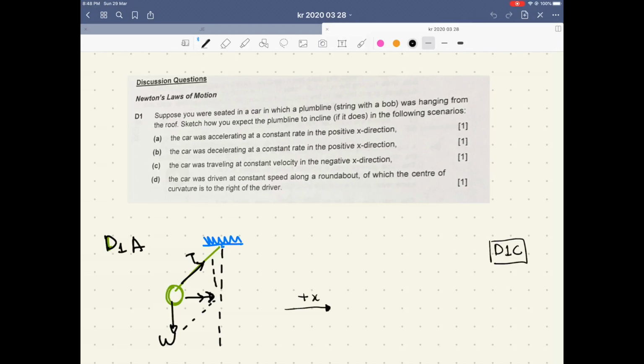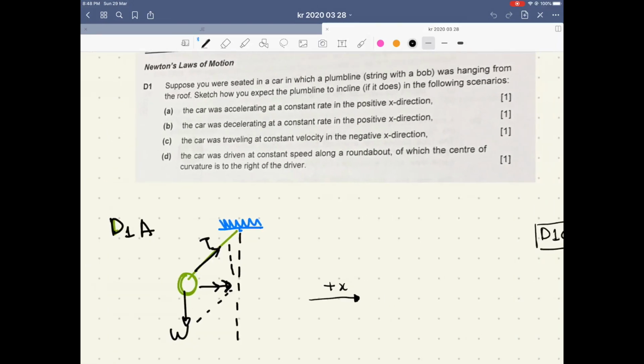Suppose you were seated in a car in which a plumb line, and a plumb line is a string with a bob, was hanging from the roof. Sketch how you expect the plumb line to incline, if it does, in the following scenarios. Question A. The car was accelerating at a constant rate in the positive x direction.